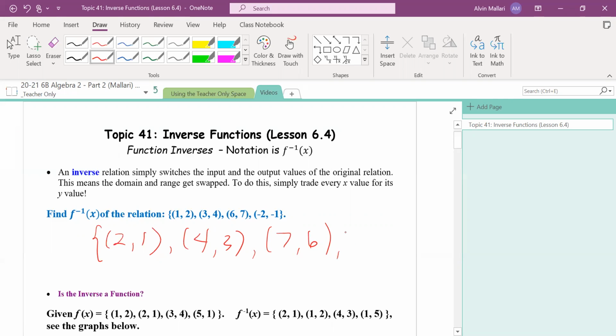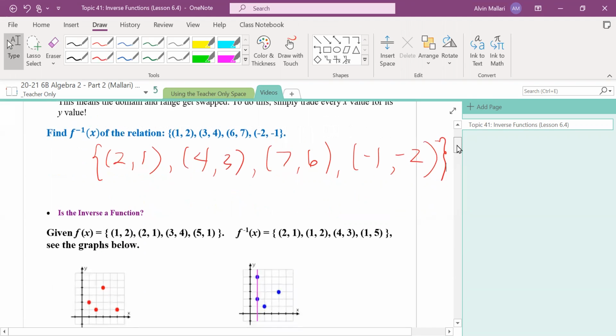And then finally, the last one, the y value is -1, so it becomes the new x value. And the x value was -2, and it becomes the new y value. Okay.